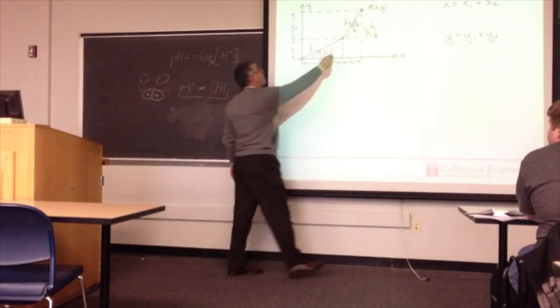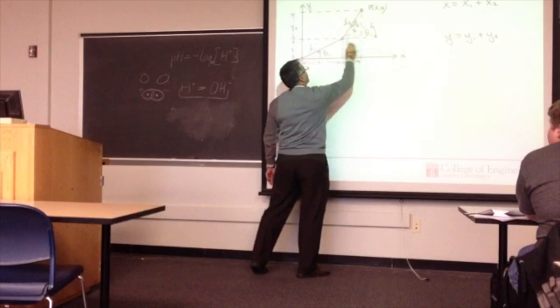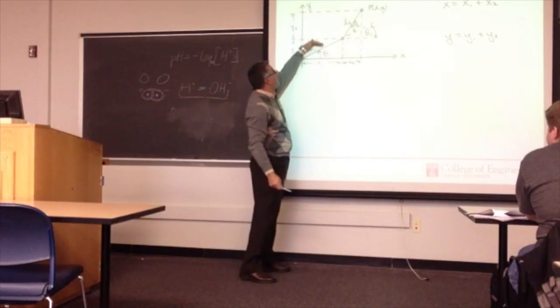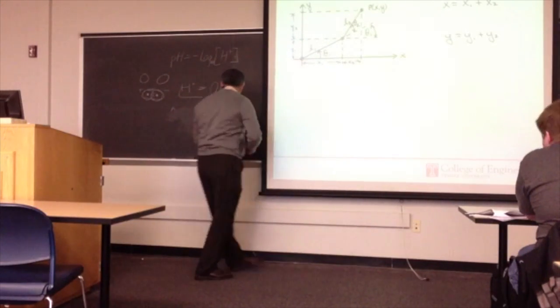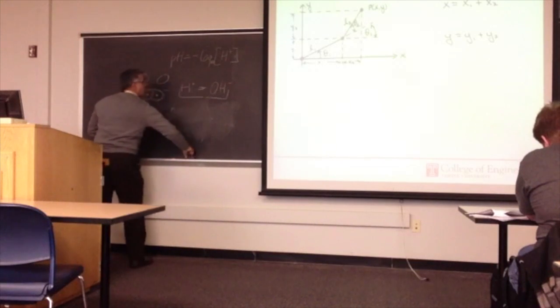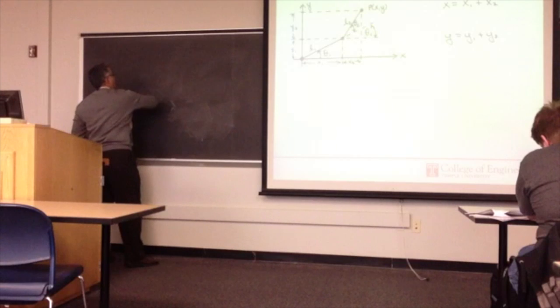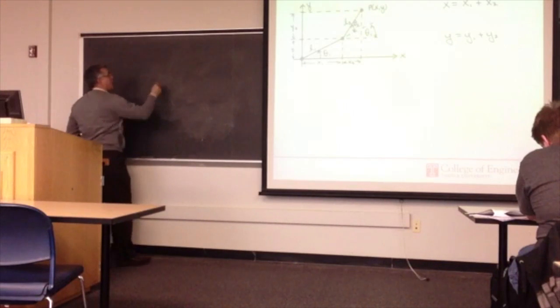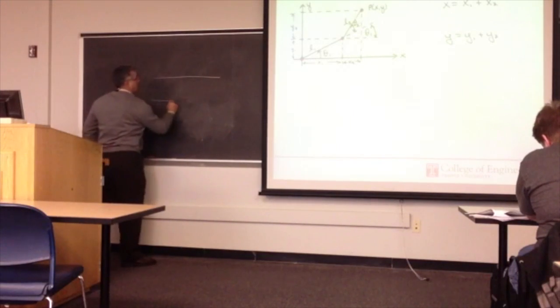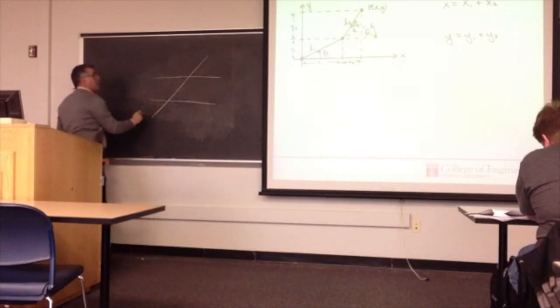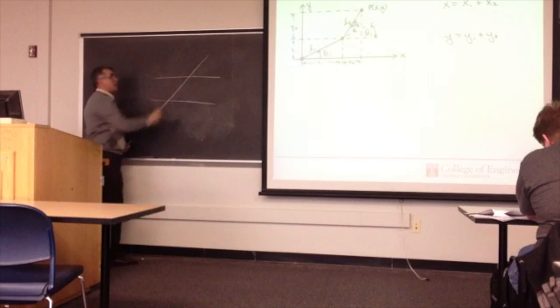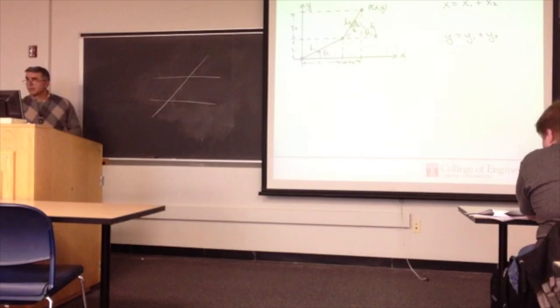So the part that we don't understand is theta 1. But using the parallel line theory, when you have two parallel lines, and the line crosses them, these two angles are the same. Right?